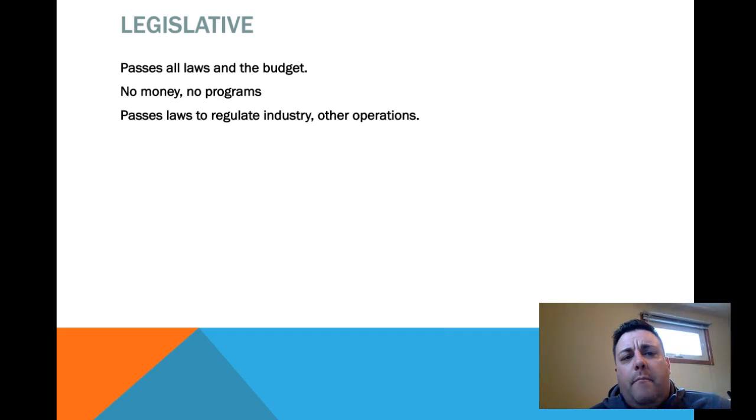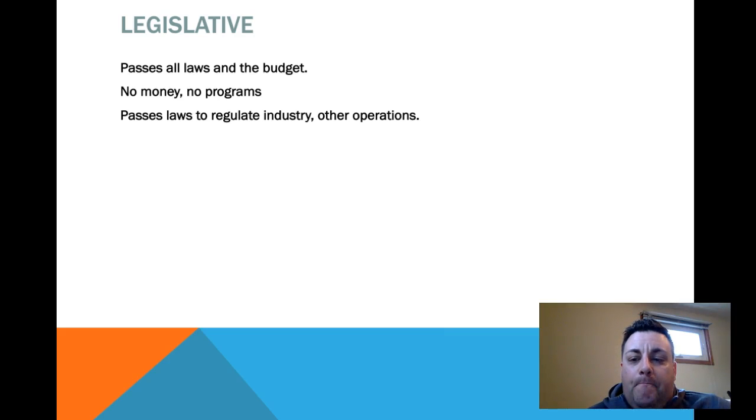So the legislative branch passes all laws. It also passes the budget. So obviously, if there's no money, there are no programs. The laws might regulate industry, but they might also create new organizations inside of the executive branch that would be responsible for implementing the law.